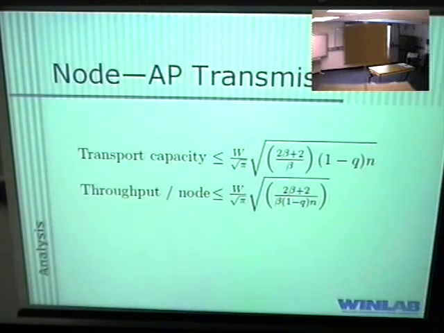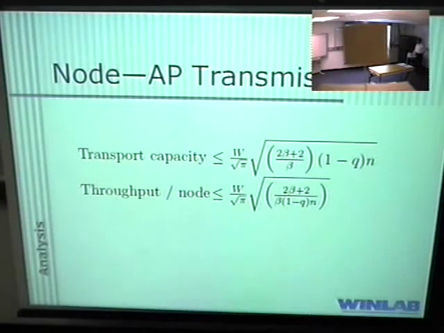In the case of the node to access point transmission, since the number of wireless nodes which are transmitting is still the same, the result is again the same. And again, I would like to point out that this is because of the assumption that all the 4 types of transmissions are mutually exclusive.